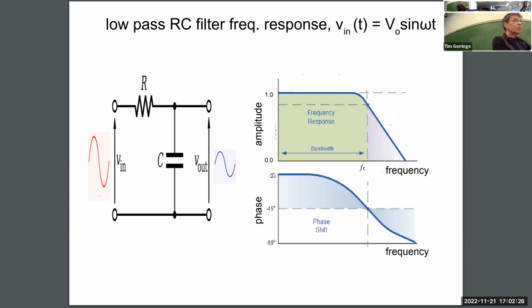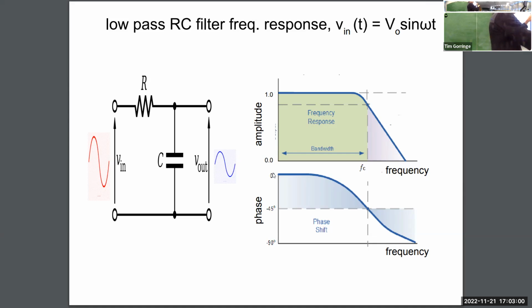As you move towards the cutoff frequency, two things start to happen. One, you get a slightly smaller output than the input. Second, the phase of the output is slightly different from the phase of the input. So they're no longer in perfect phase. And if you pass through the cutoff frequency, you start to see a much smaller output than your input, and you also start to see a large phase difference between the output and the input.